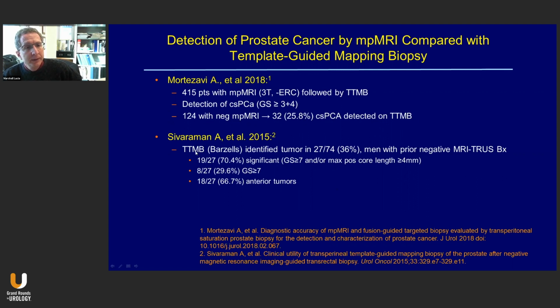This is another one using TTMP, the Barzell's technique, a little different technique, divides the prostate into a number of zones and does multiple biopsies in each zone. They identified tumor in 36% of men with a prior negative TRUS biopsy, nothing to target here. And of those, 70% of them were significant. 30% of them were Gleason score 7 or above, and most of them were anterior tumors.